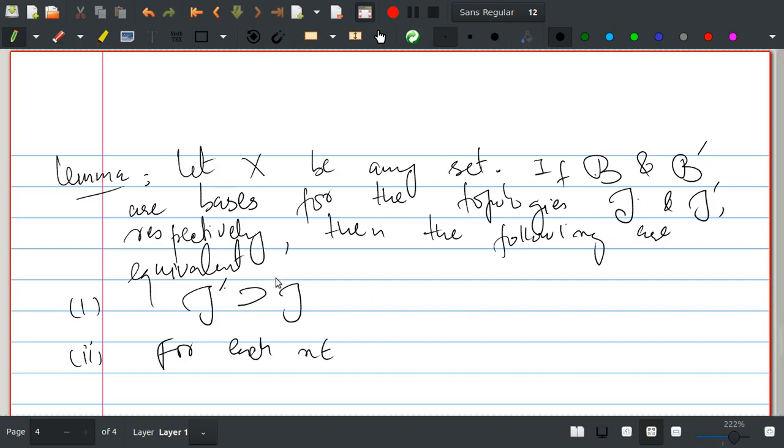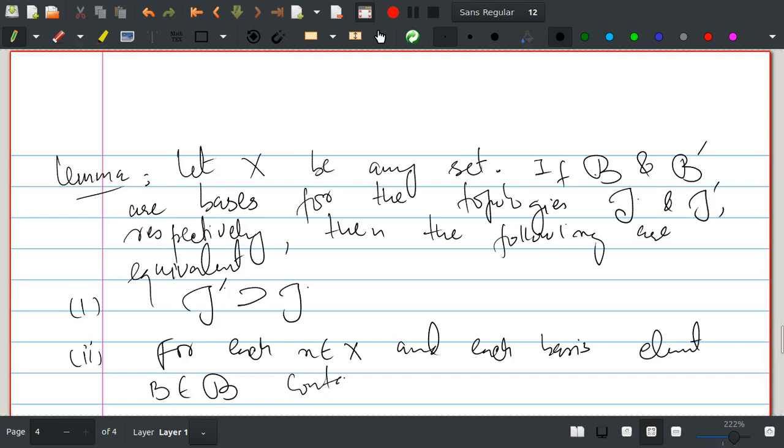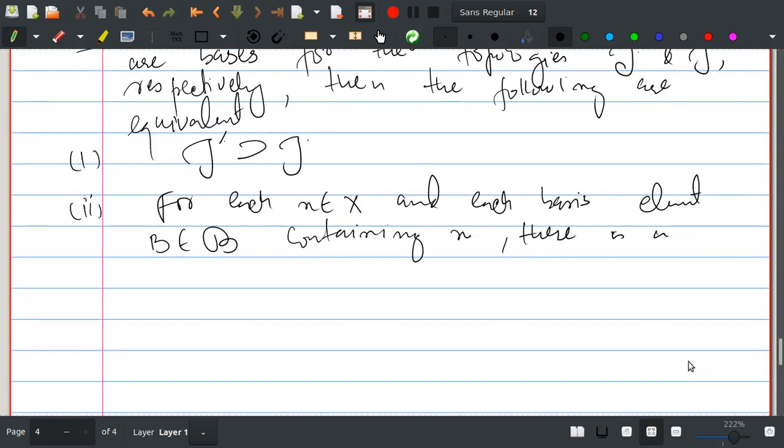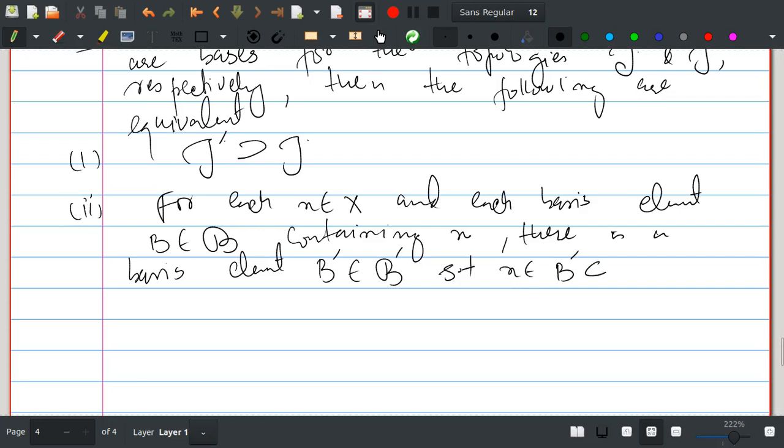The second is: for each x in X and each basis element B in B containing x, there is a basis element, say B prime in B prime, such that x is in B prime and B prime is contained in B.